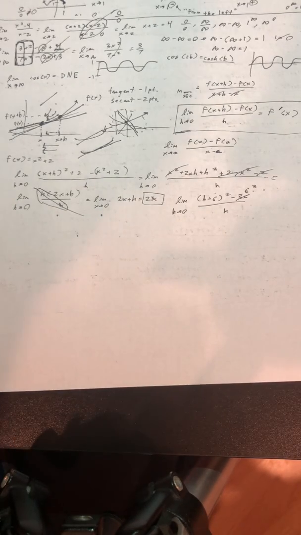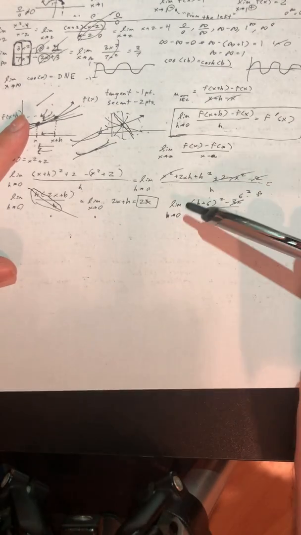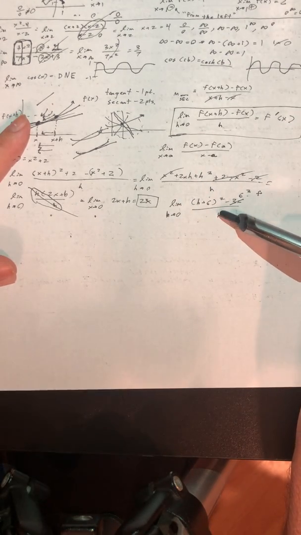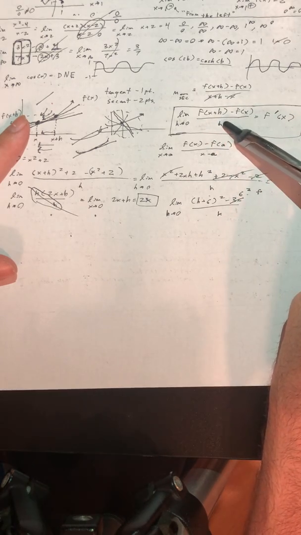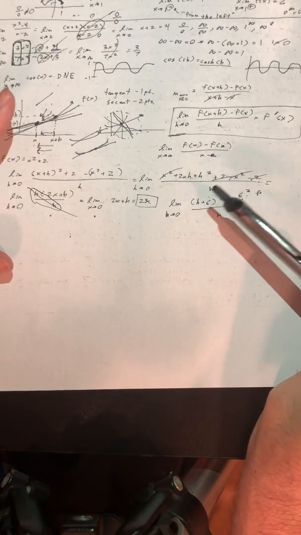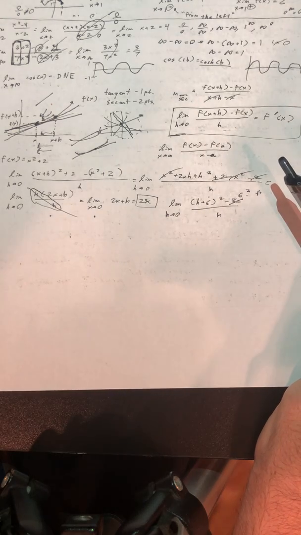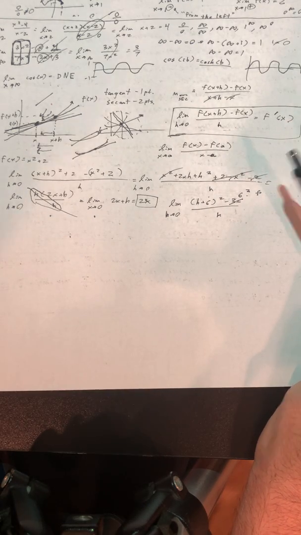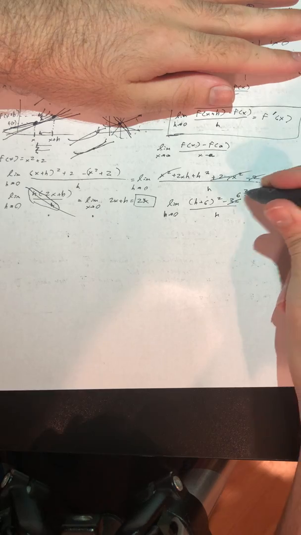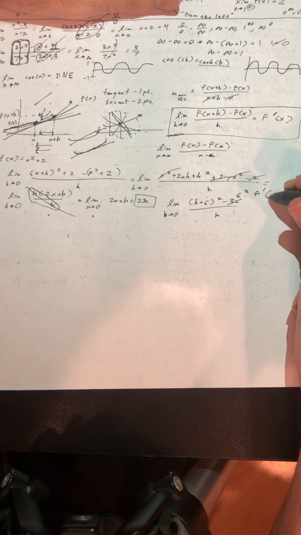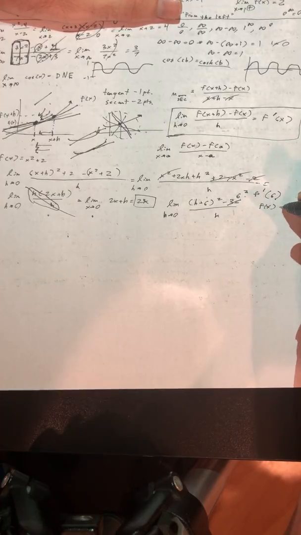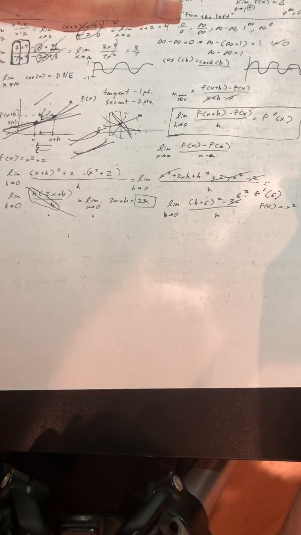So basically, if we're trying to find a function f of x, this looks like the definition of the derivative. We're gonna try to find a function f of x that when we use the definition of the derivative will give us this, okay? So this will be f prime of 6, where f of x is equal to x squared.